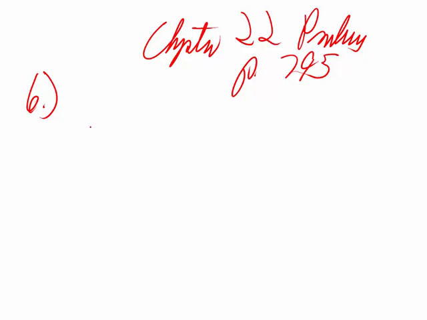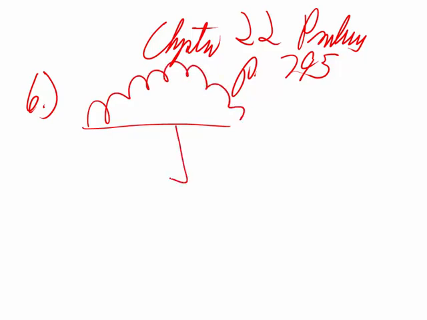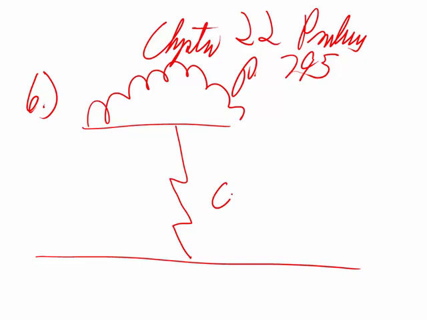Okay, so we've got a storm cloud here, and we get a lightning bolt that comes to the ground, and the charge in the lightning bolt is 2.5 coulombs of charge. This occurs during a time interval of 20 milliseconds, which is 10 to the negative third seconds. So we want to know what the current is.